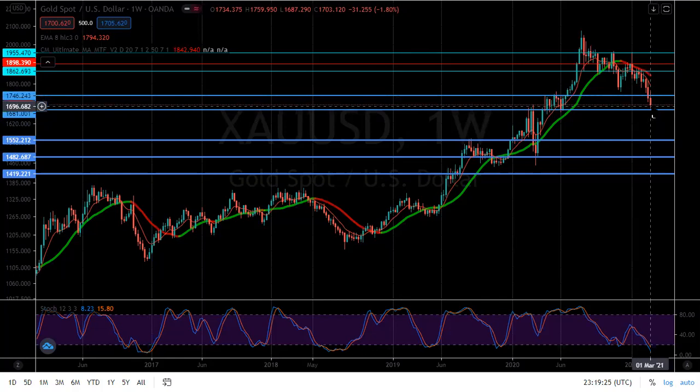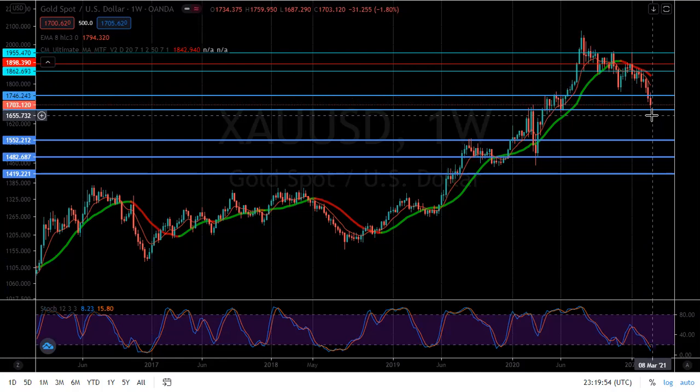If we go up and break and close above 1760, then we'll be looking for more bullish moves to the upside, with our next key level of resistance at the 1862 area, way up here.